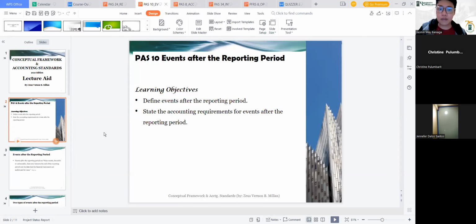Our learning objective is to define what are those adjusting or non-adjusting events, and what the impact of such events would be on our financial statements. If there is an involvement, do we need to make adjusting entries or just a notes disclosure?